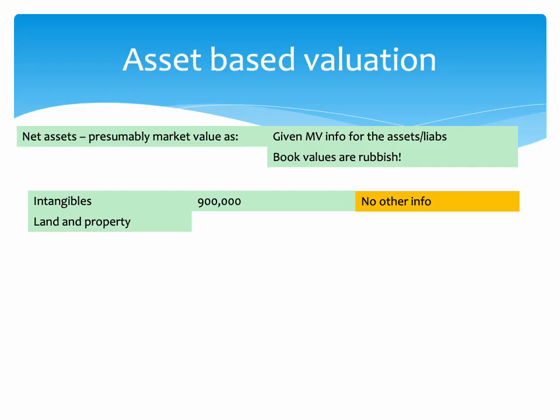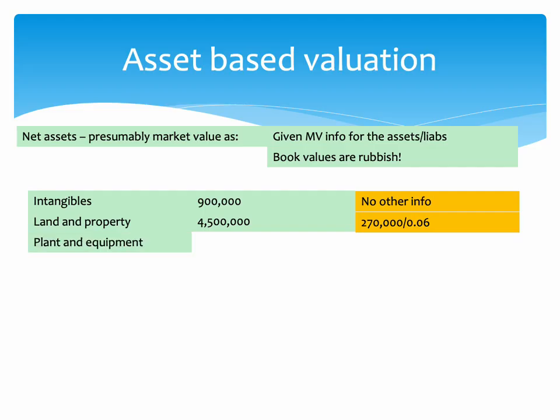Now that's likely to be a 6% return on market value. So if that 270,000 represents 6% of the market value, it will give you the way of working out what the market value is. So take the 270,000, divide it by 6%, by 0.06, and it will give you the property, land and value from a market point of view of 4.5 million.